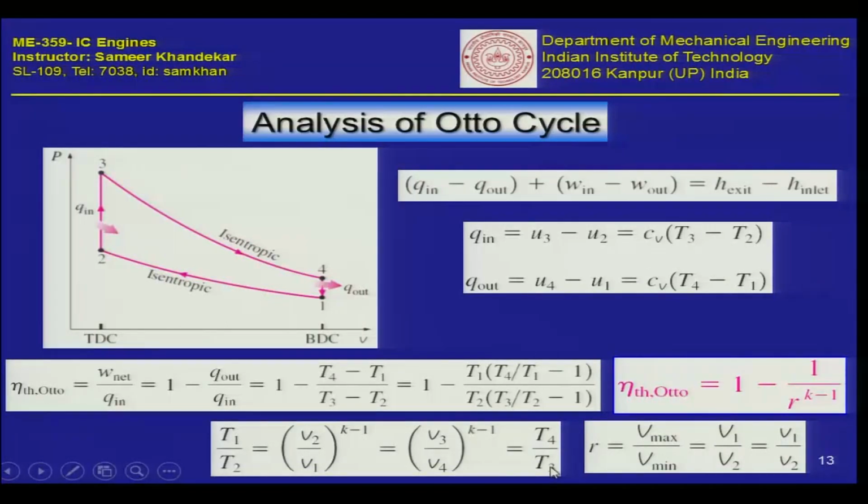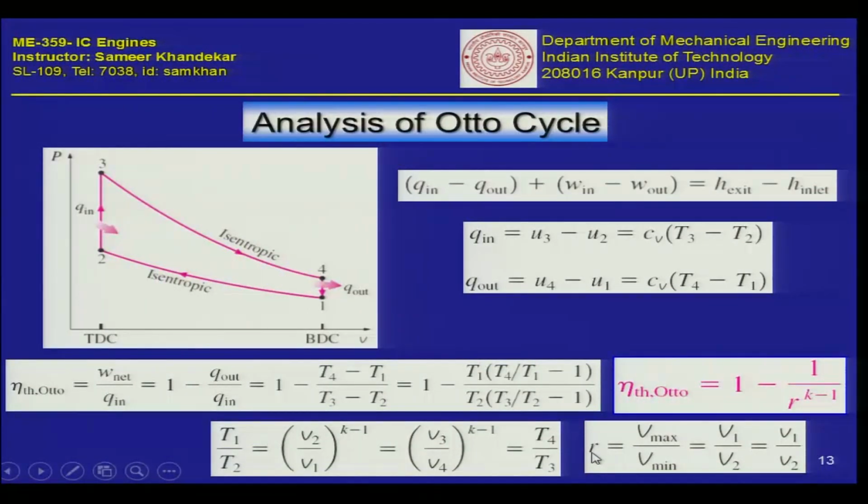With the definition which we have already done for the compression ratio, that is V max divided by V min, the ratio of these two, which is nothing but V1 divided by V2. V1 corresponds to the volume at BDC, and V2 corresponds to the volume at TDC. So, this ratio we have already defined as R, the compression ratio.